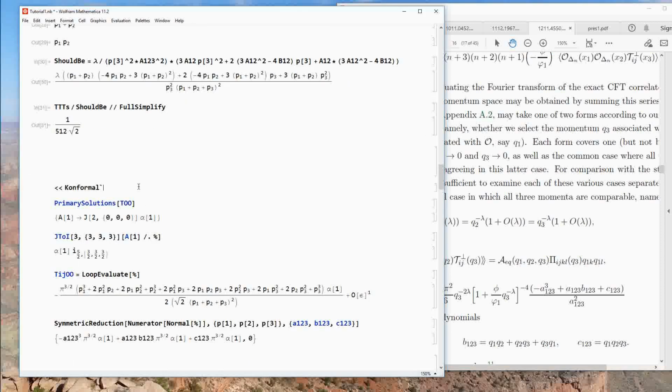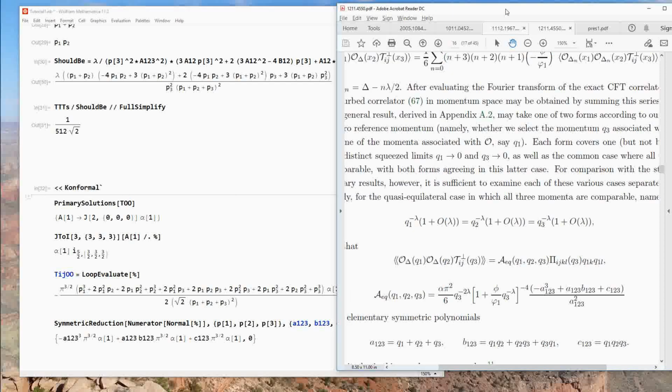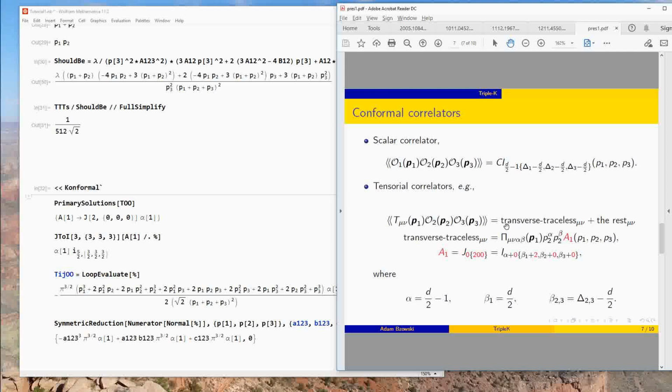Okay, so if we include the second package that's in the whole package delivered, let's do it. Now we will have access to what we call primary solutions. So let me explain what it is. We found before the decomposition of the three-point function of the stress tensor and two scalar operators, and the transverse traceless part contains this form factor A1.